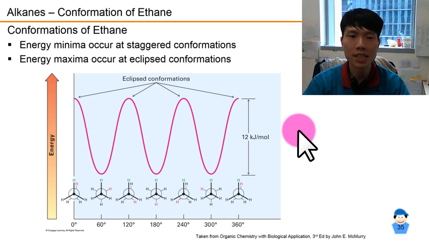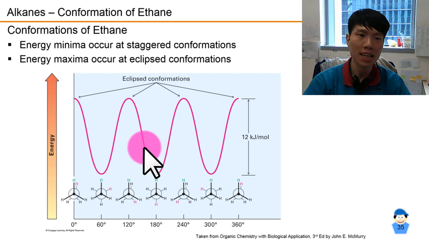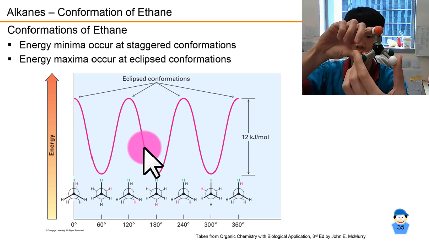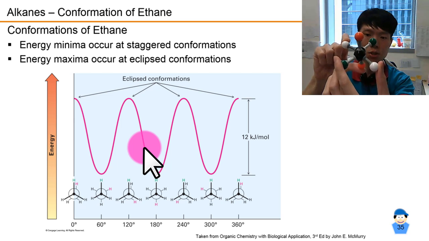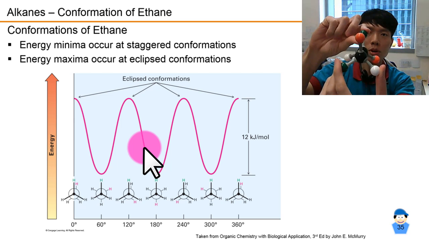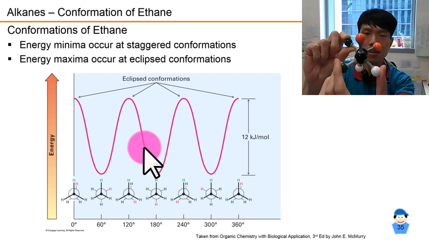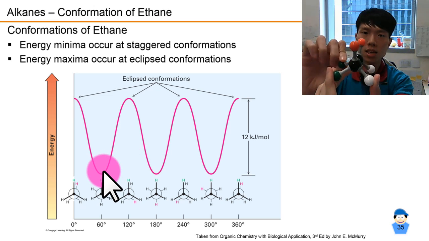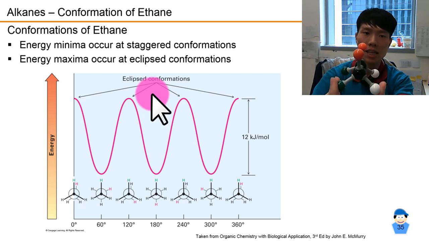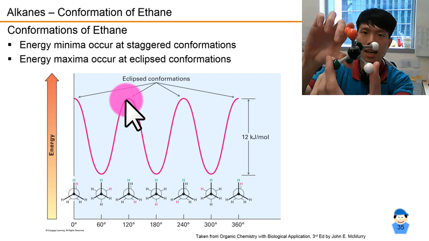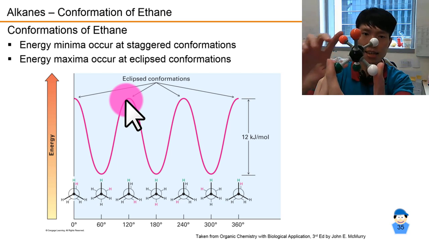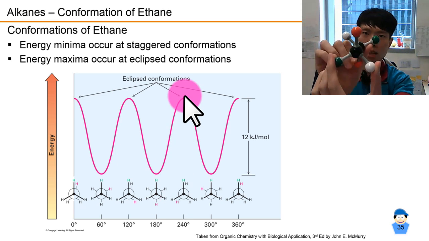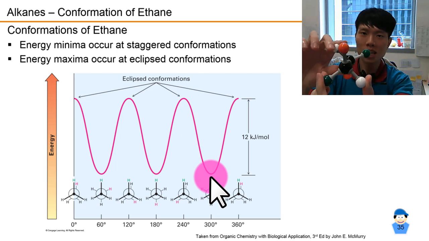Now the conformation of ethane, it is a cylindrical cycle. What it means is, if I try to rotate the bond bit by bit and you see this pseudo GIF, there will be a certain point of time where it is at staggered, which means low energy, and then as I rotate, it progressively becomes eclipse, high energy, and rotate again becomes staggered, and rotate again becomes eclipse, and rotate again becomes staggered, and rotate again becomes eclipse.